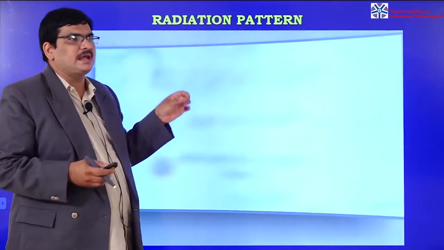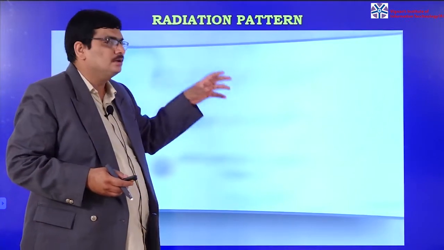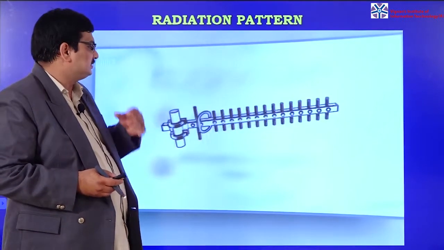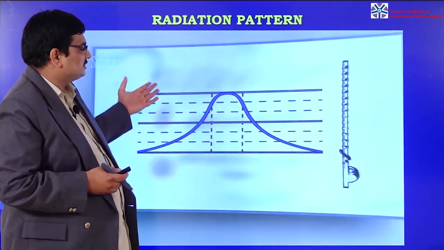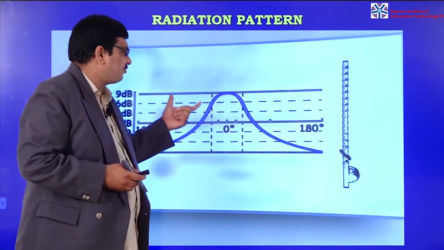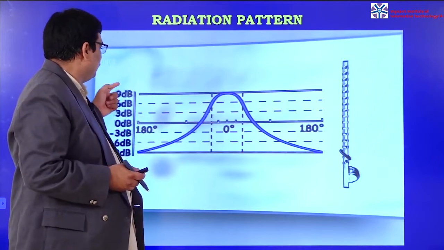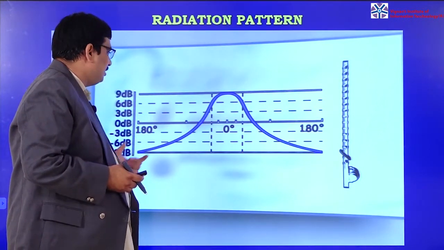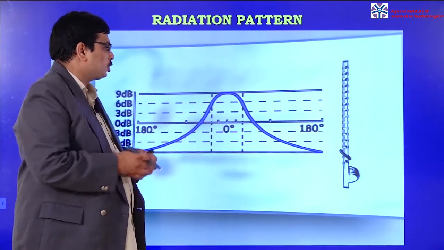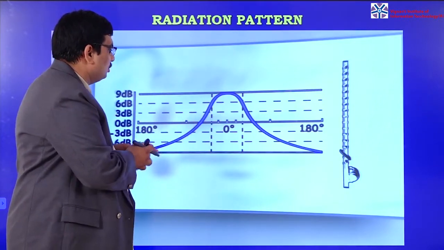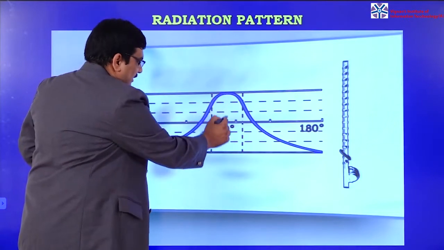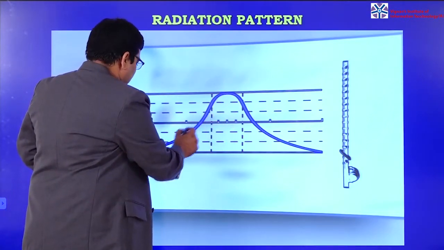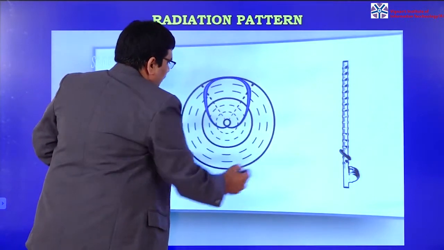Now if your beam is narrowing, the gain increases from 3 dB to 6 dB. Suppose this is a 2D plot of a radiation pattern. The y axis is your directivity and the x axis is your theta. If you draw a curve between these two, this is the maximum radiation direction, and these are the nulls.